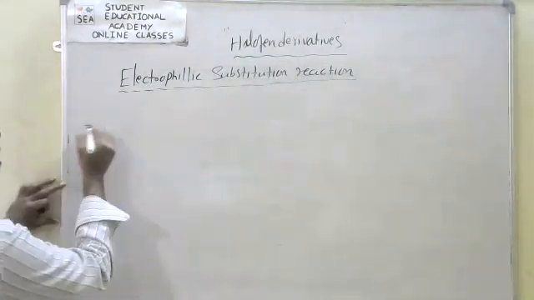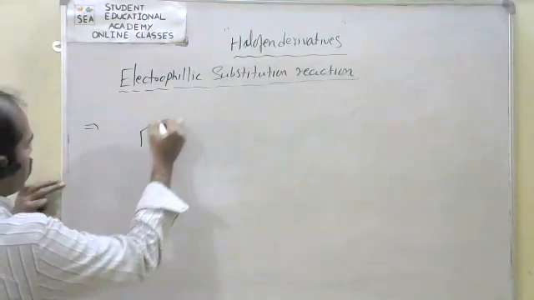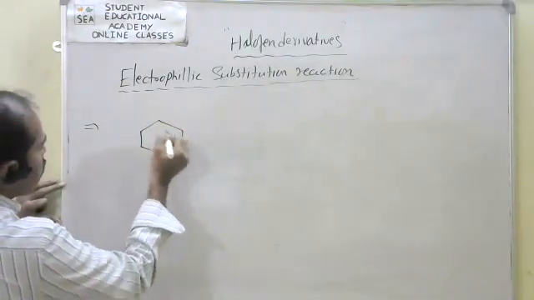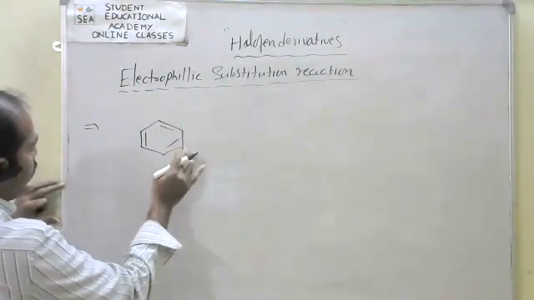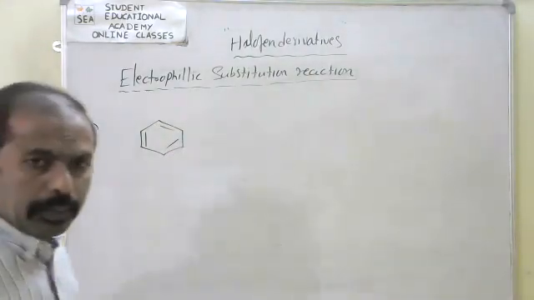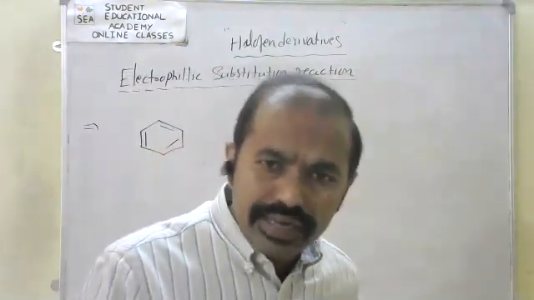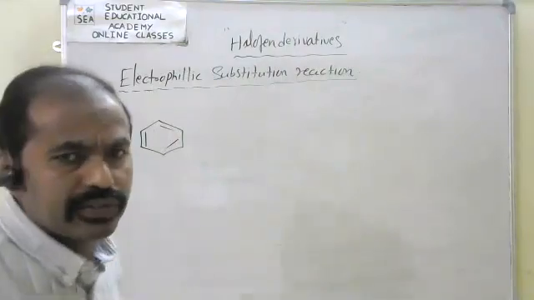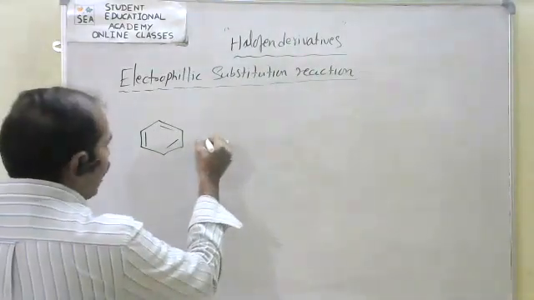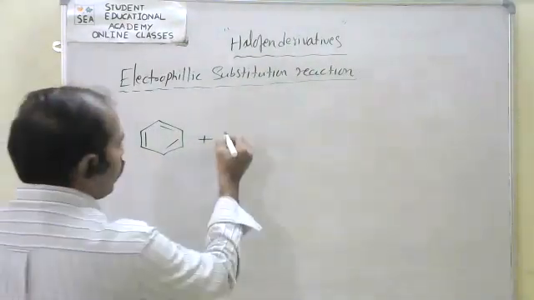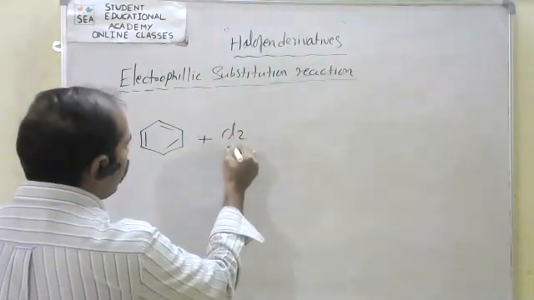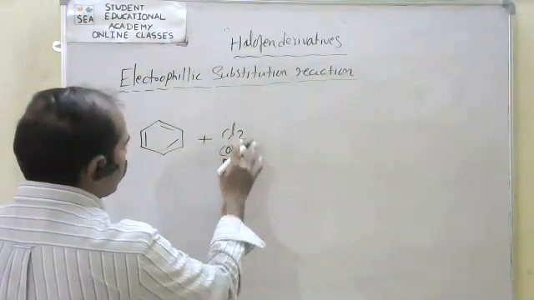Generally, in this process we take benzene or its derivatives, related compounds, and react with chlorine or bromine.